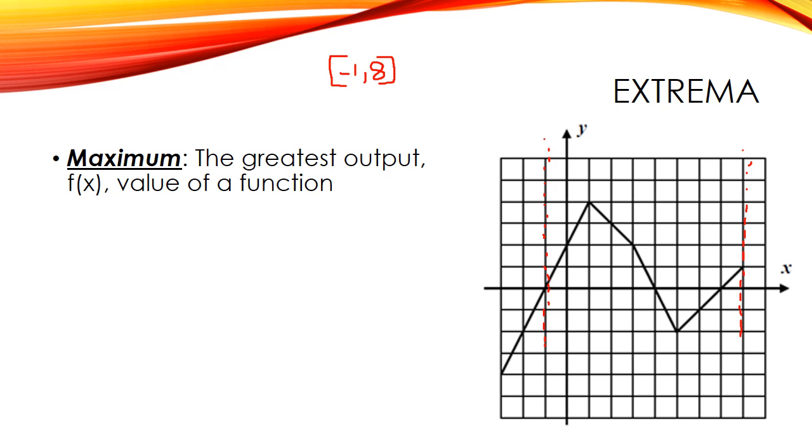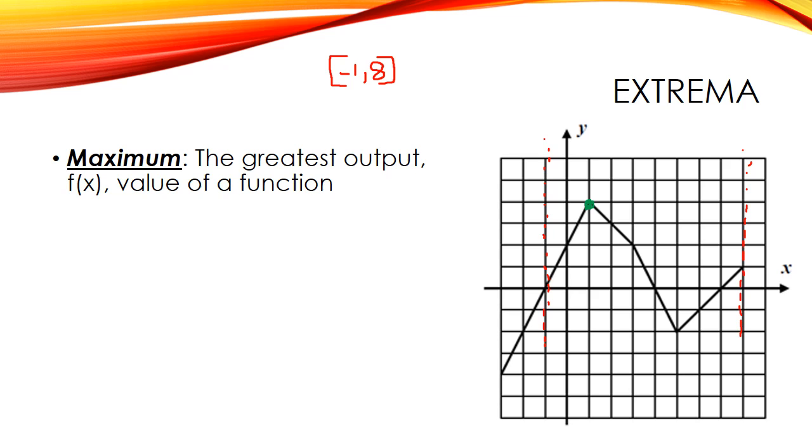Let's talk about the maximum first. The maximum is the greatest output, f of x or y, value for a function. So if we look at the y-axis and look at the greatest output or y value that we have for this graph over the interval that we have in here, we'll find out that this point right here is the maximum of this function.